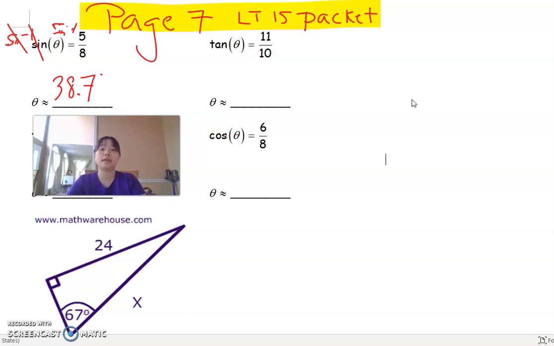Tangent theta is 11/10. How do you get rid of tangent? Inverse tangent. All we have to do is tangent with a little -1. That's the inverse, it gets rid of it. You have to do this to the right side too.